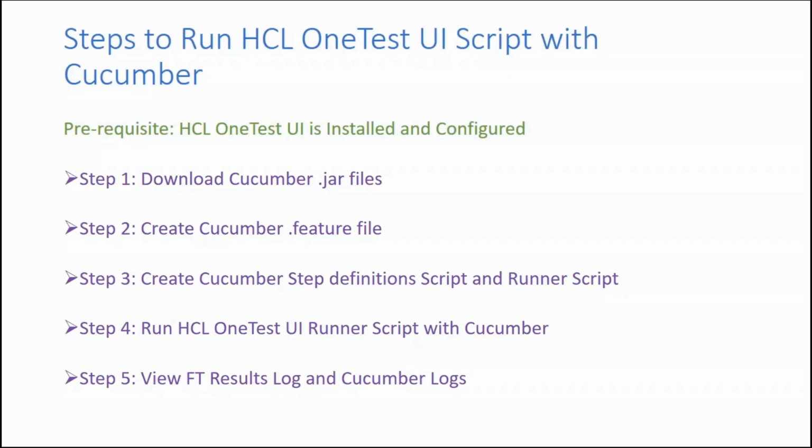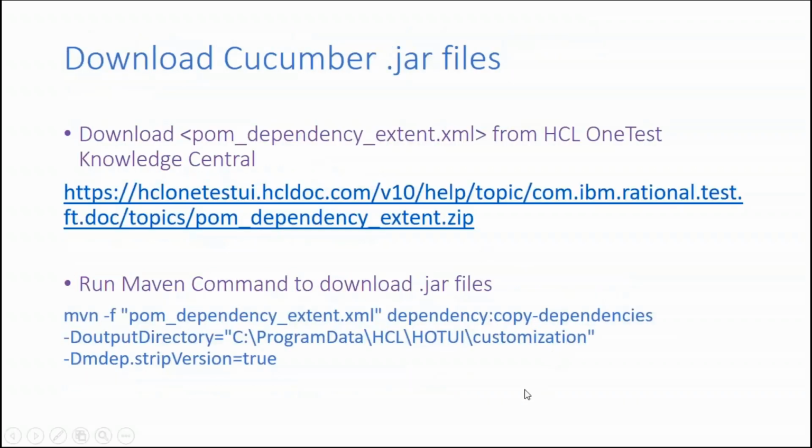Fourth step is to run our HCL OneTest UI runner script with Cucumber. Finally, we can view the results from both FT as well as Cucumber logs. Now we will see how to do that one by one.